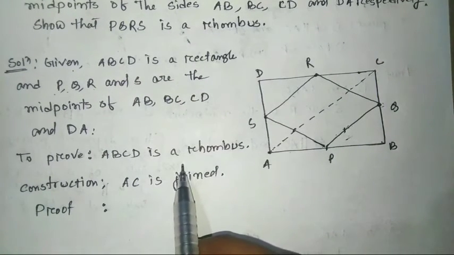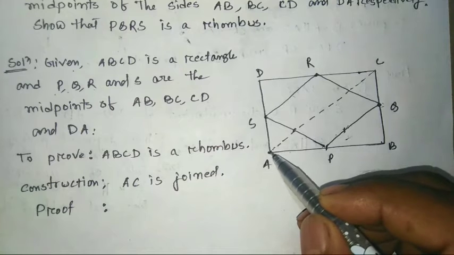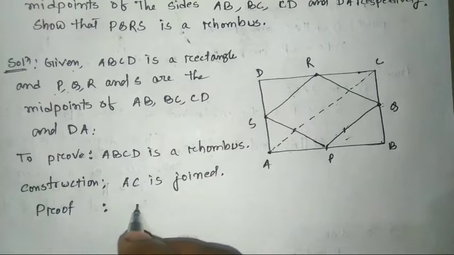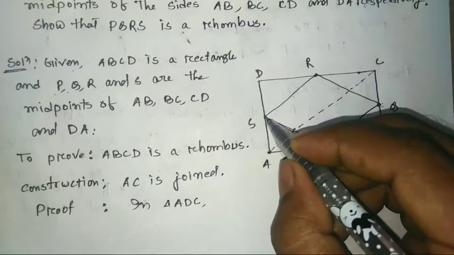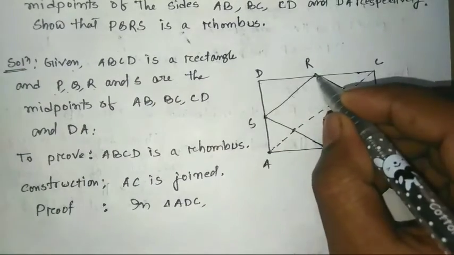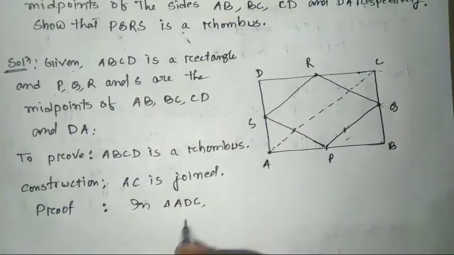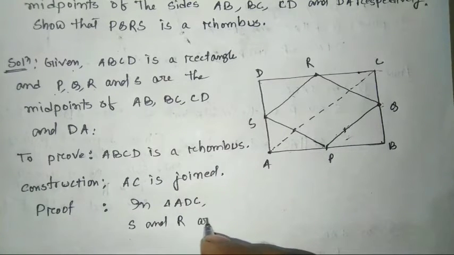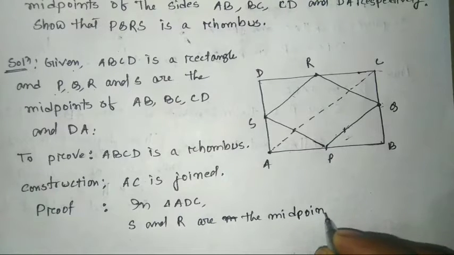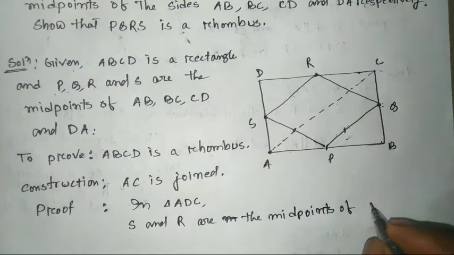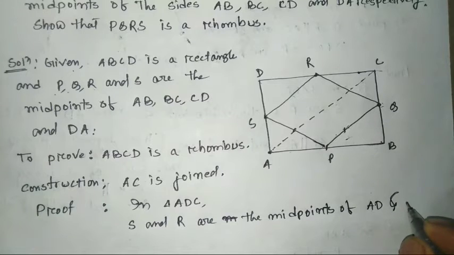Now see the proof. In the proof section, if we take triangle ADC, in triangle ADC, S is the midpoint of AD and R is the midpoint of CD. It is given in the question. S and R are the midpoints of AD and DC.